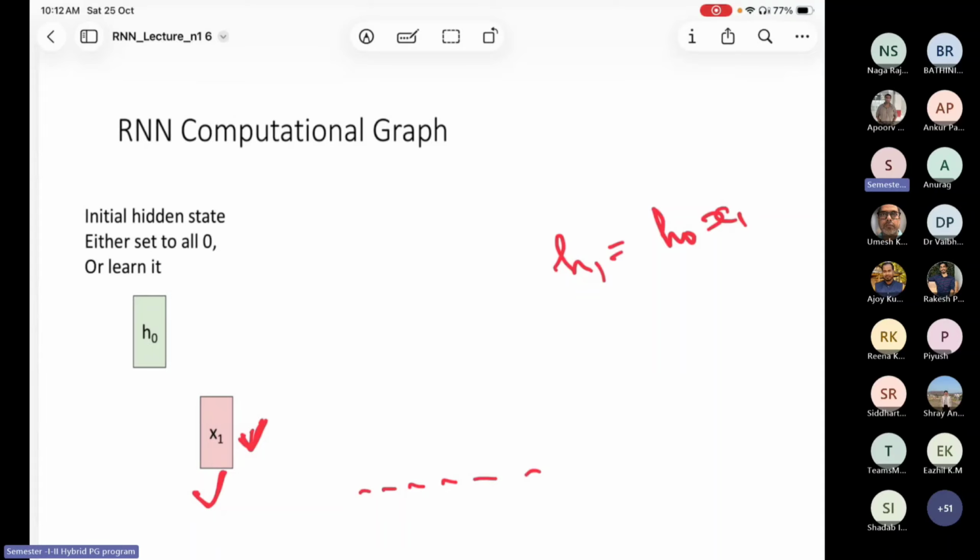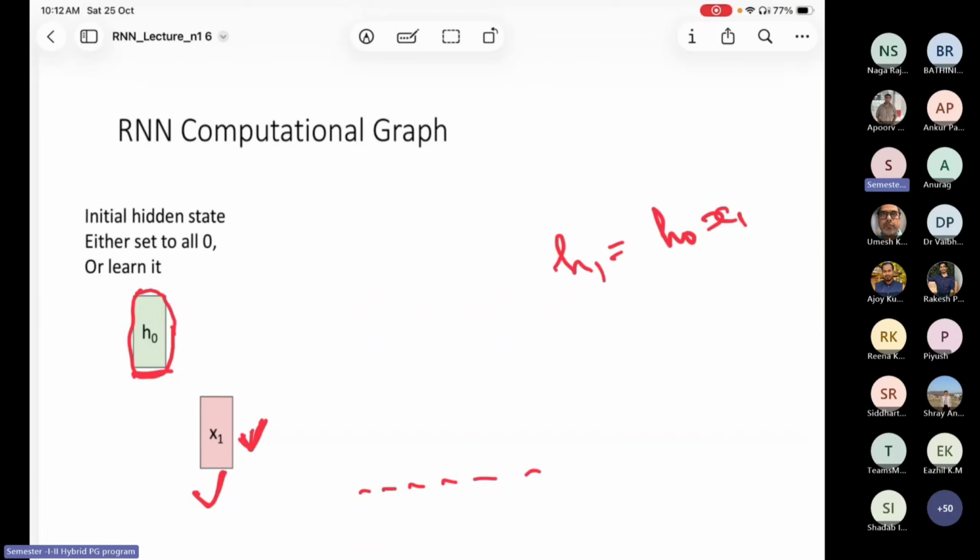Then where should I get it from? This is the starting point. So when you have a starting point, we consider the previous state as 0, and since you have not covered any word till now, you can take this as a 0 vector.